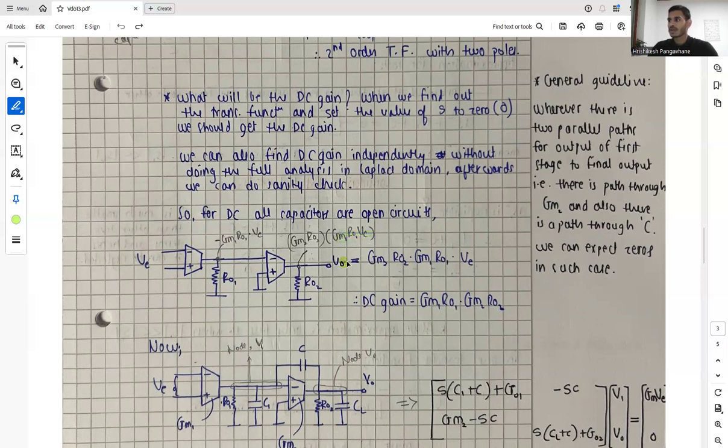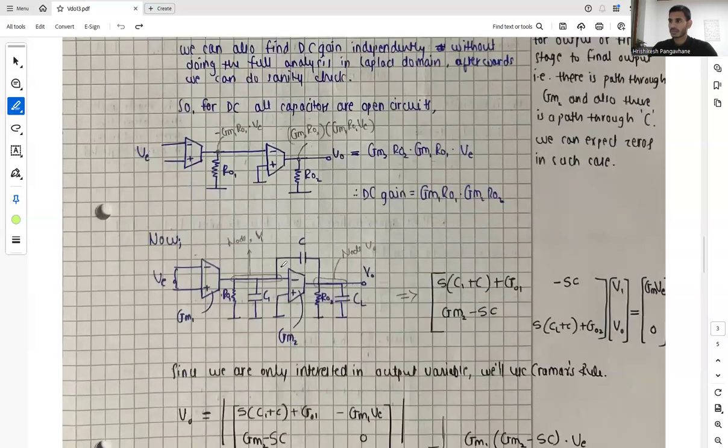So the output voltage will be Gm2 Ro2 times Gm1 Ro1 times Ve, and when this Ve goes in the denominator, the DC gain comes out to be the multiplication of the transconductances.